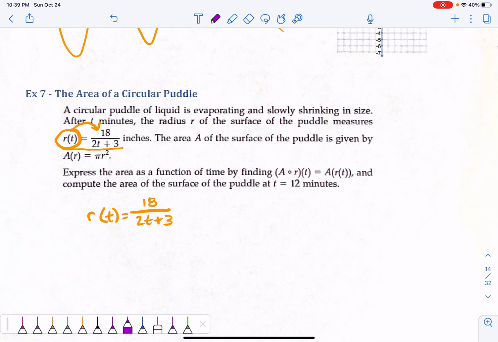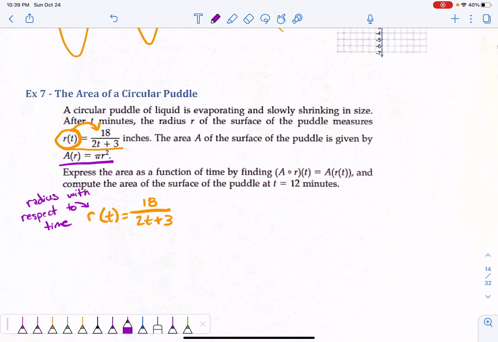So this, again, is the radius with respect to time. Okay, that's discussing the radius with respect to time. Now it says the area is given by A of r equals pi r squared.